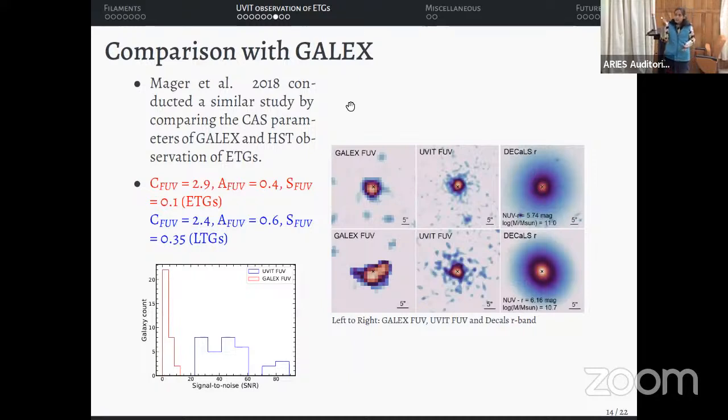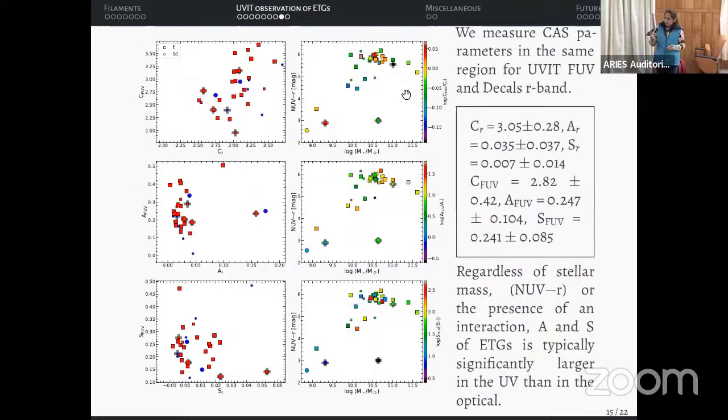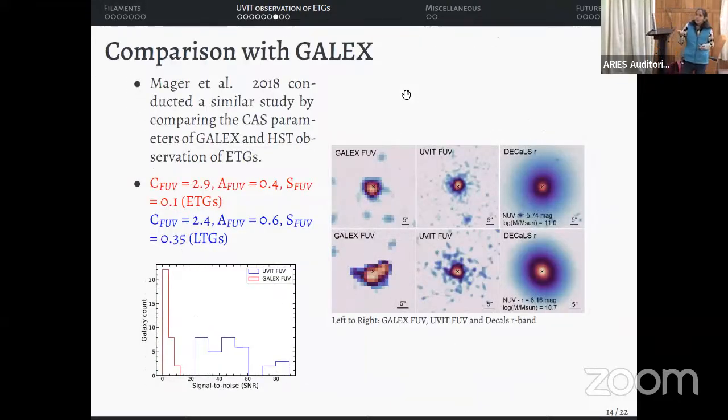Okay, some comparison with GALEX. Major 2018 did a similar study. They compared GALEX FUV observation with HST, and these were the results that they found, for early type and late type galaxies. The contrast that we see is the asymmetry for elliptical galaxies.